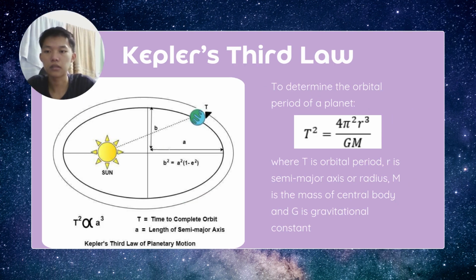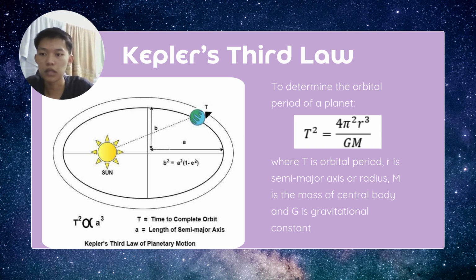Kepler's third law, known as the law of periods, states that the square of a planet's orbital period is directly proportional to the cube of its semi-major axis. The formula to determine the orbital period is T squared equals 4 pi squared r cubed divided by GM, where T is the orbital period, r is the semi-major axis or orbital radius for circular orbits, M is the mass of the central body, for example the sun, and G is the gravitational constant.